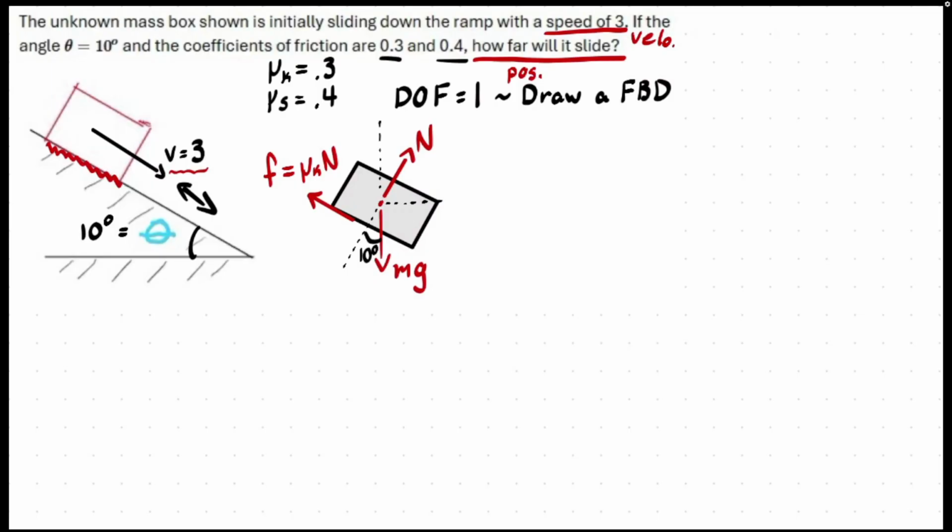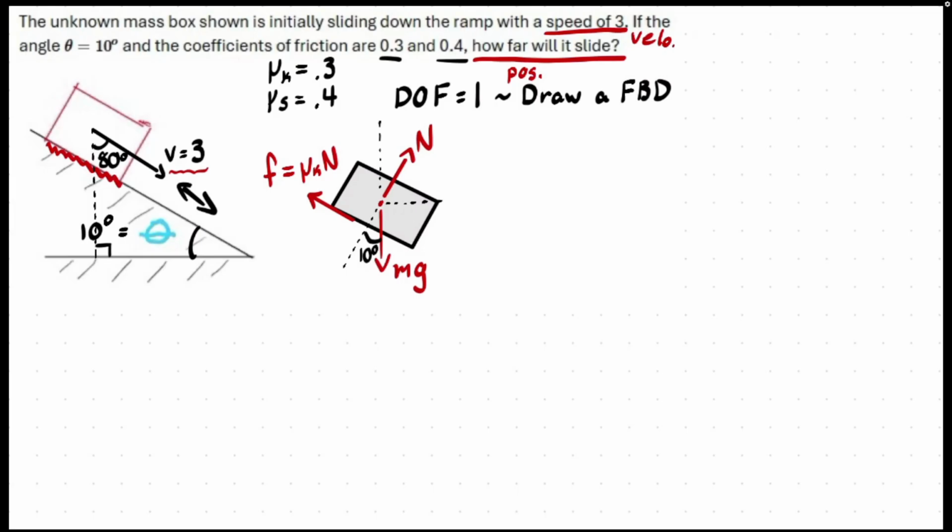This angle initially was 10. Since this is a 90-degree angle, this angle right here has to be 90 plus 10, which is 100, so this has to be 80 degrees to get all our angles to match up.